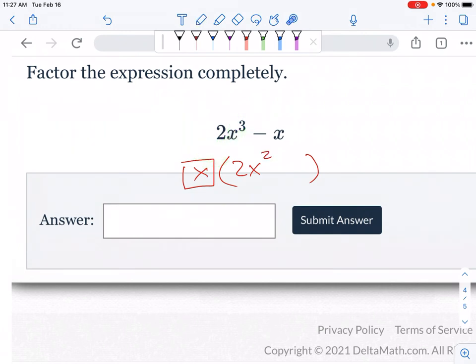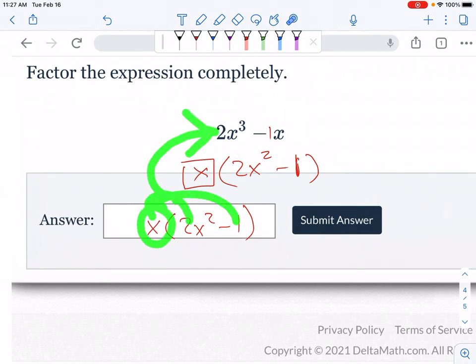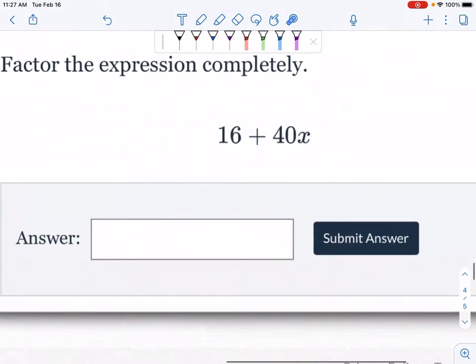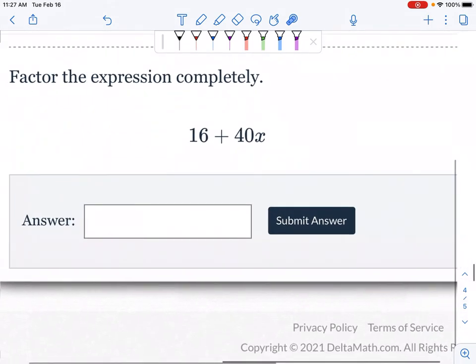So 2x to the second minus, these x's zero each other out, so we're going to have no x's written there, but we will write a 1 because this is 1x. So our answer is x times 2x squared minus 1. And again, if I were to take this and multiply it back in, I would end up with what I started with.